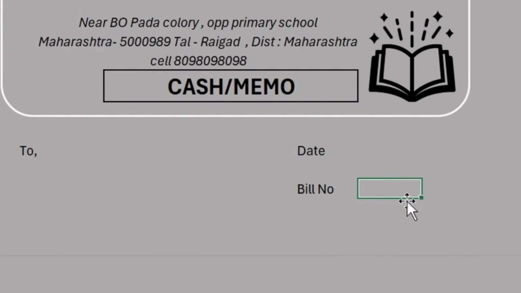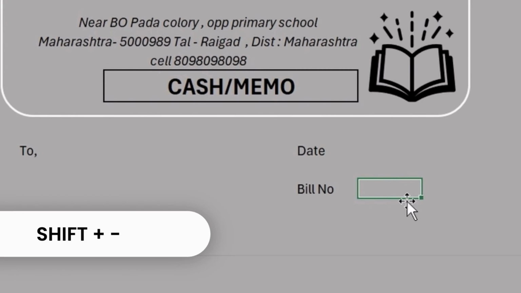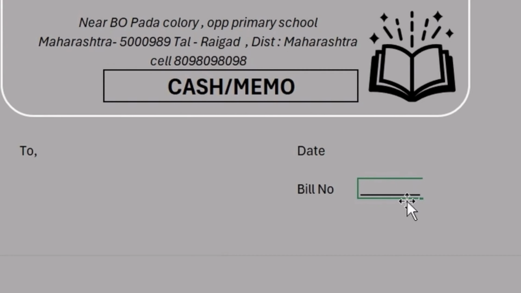If this underline is not working, you just have to press Shift on your keyboard and press the underline option like this. And again here also, let's make it underline like this. Perfect. So once it is done, I'm going to add the To section as well like this, and here also we'll make it like this.